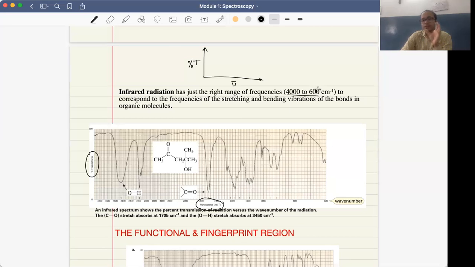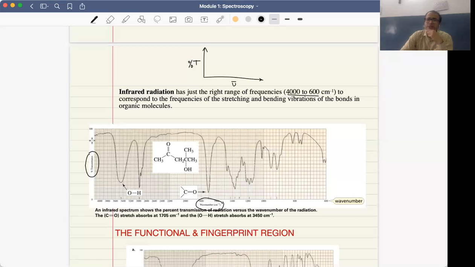So each bond will absorb certain frequencies in the infrared region, because that frequency matches the vibration of that particular bond in the molecule. It absorbs it, and that absorbed frequency is reflected in the spectrum.